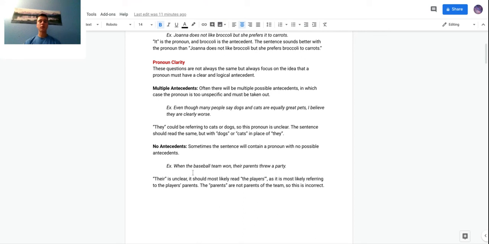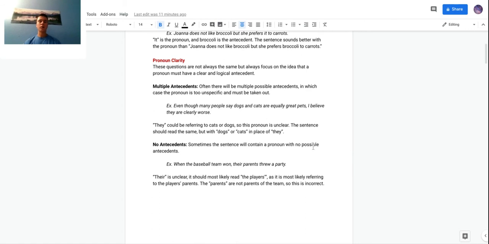And we know that the baseball team, the team itself, not the people on the team, doesn't have its own parents. So that doesn't make sense. Their is unclear. We don't know what it's referring to. It should be more specifically the players. I put an apostrophe there, but it's hard to see.